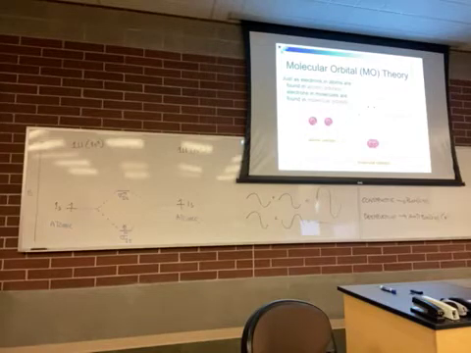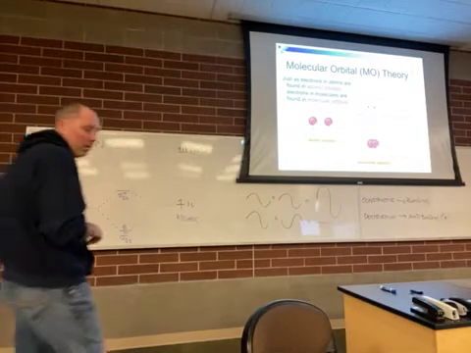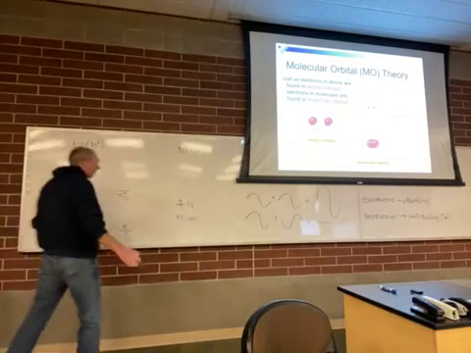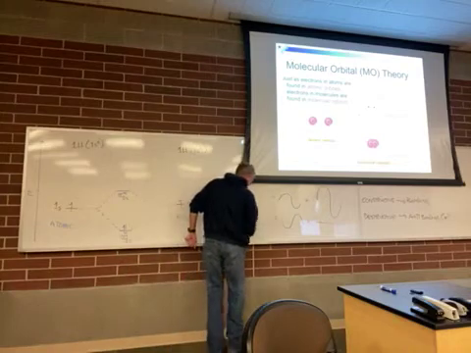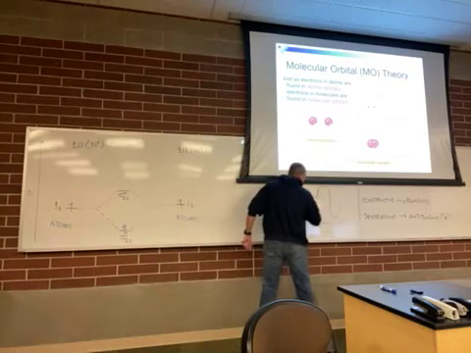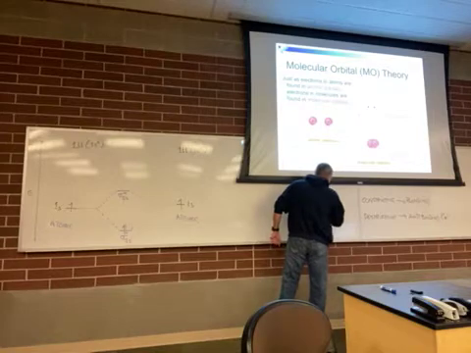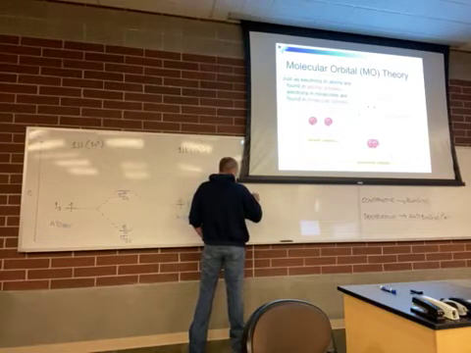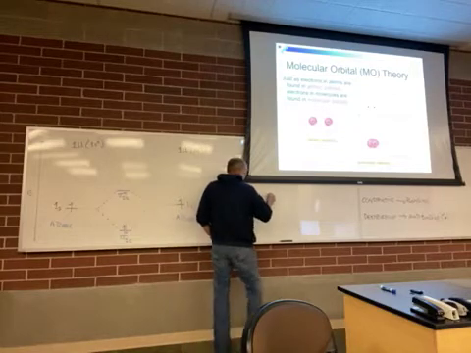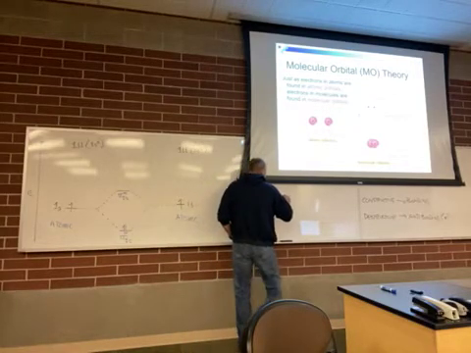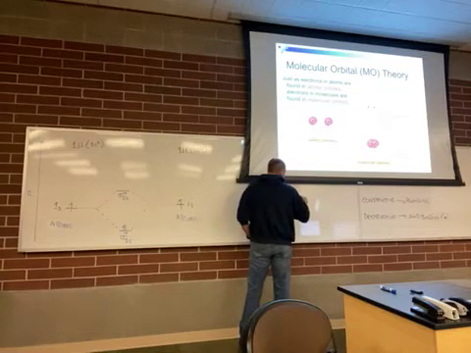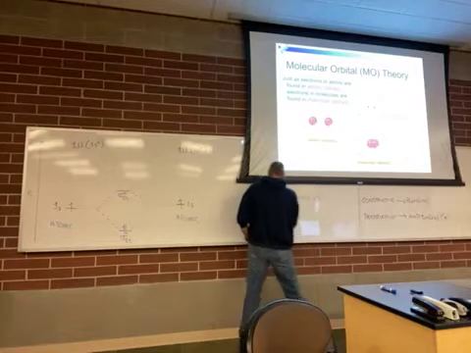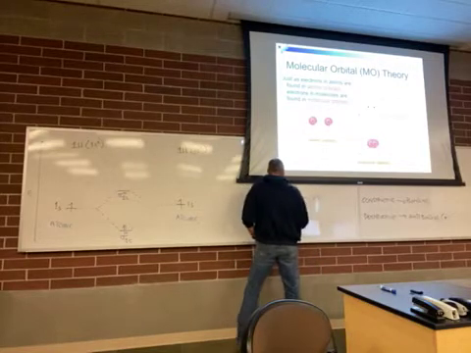So with this theory then, I can calculate the bond order. So bond order is going to be bonding electrons minus anti-bonding electrons divided by 2.